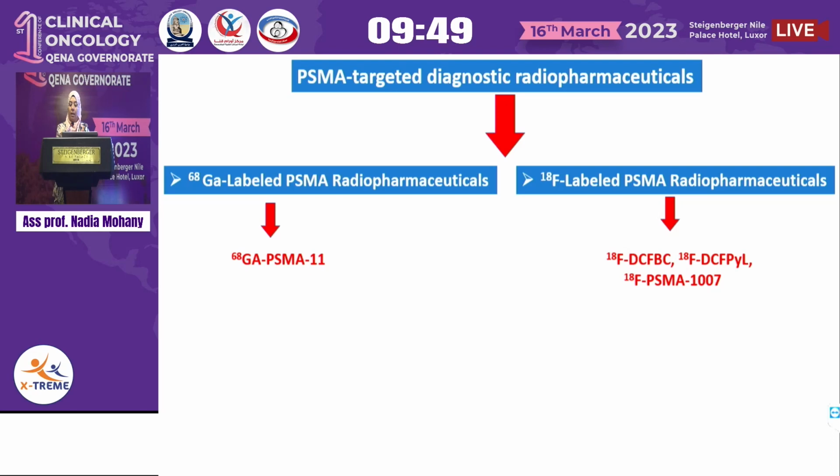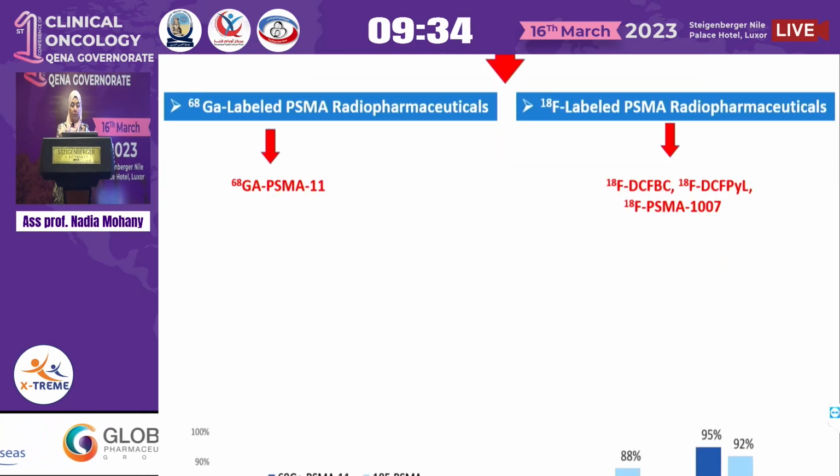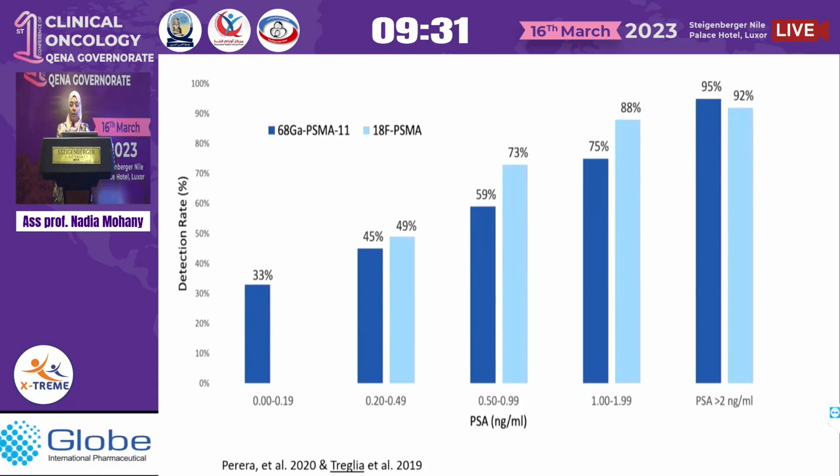Then F18 DCFPyL, which was FDA approved in 2020, and F18 PSMA-1007. Regarding the difference in detection rate between gallium-labeled and F18-labeled PSMA tracers, although the fluorinated PSMA tracer has favorable physical properties, the difference in detection rate is not significant between the two tracers.